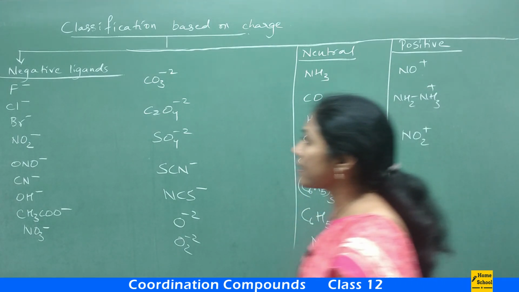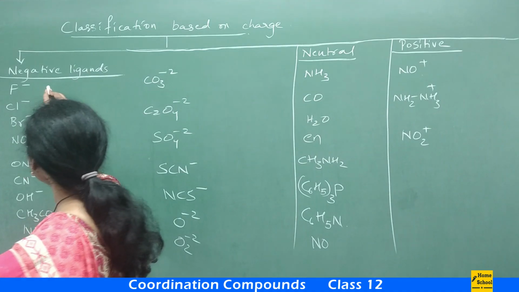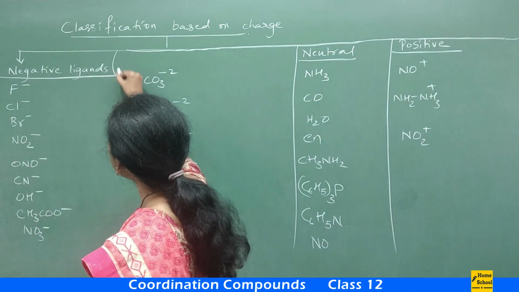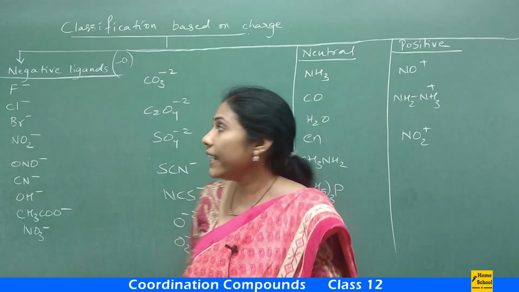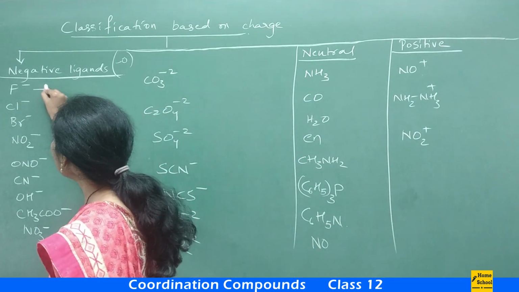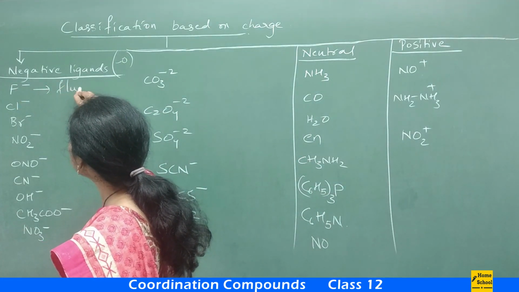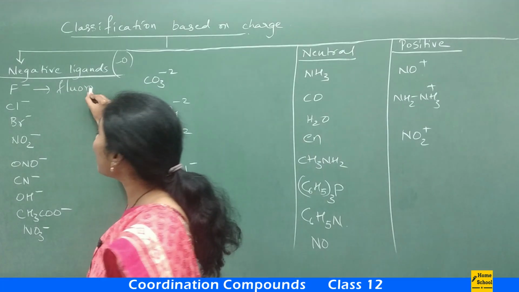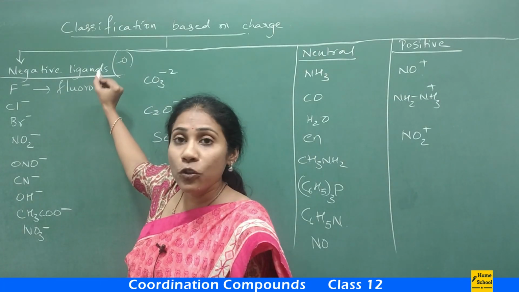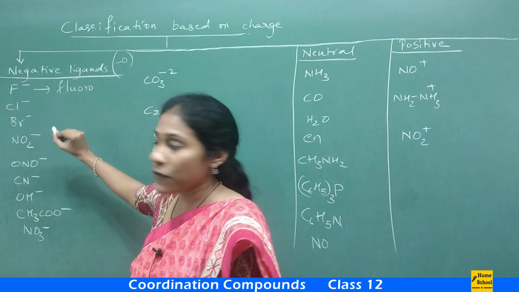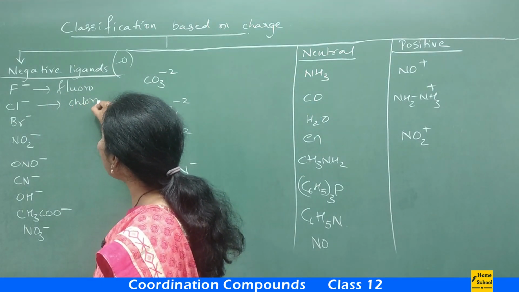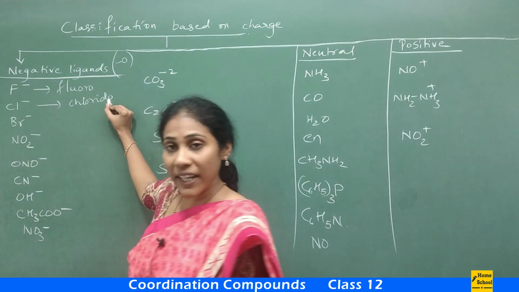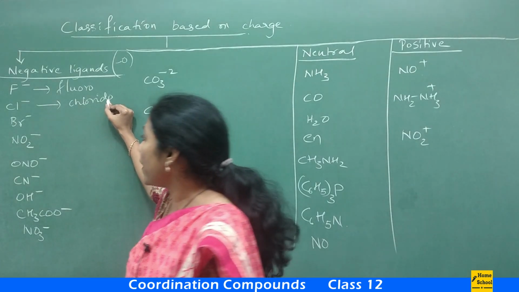So now let us discuss. First, negative ligands. Negative ligand names will always end with the letter O. F minus can be called fluoro, or it can also be called fluorido. Fluorido is fine, fluoro is fine. And Cl minus can be called chlorido. Chloro is fine, chlorido is also fine.